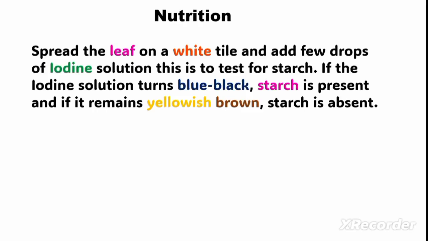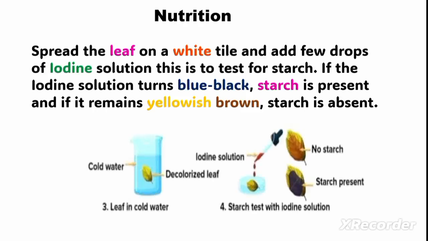If the leaf turns blue-black, we conclude that starch is present. If the leaf turns yellow-brown, we conclude that starch is absent. So this is step number four.